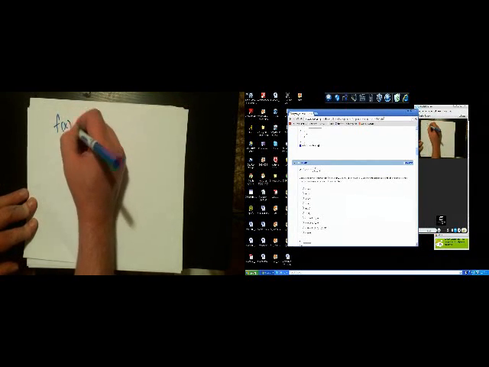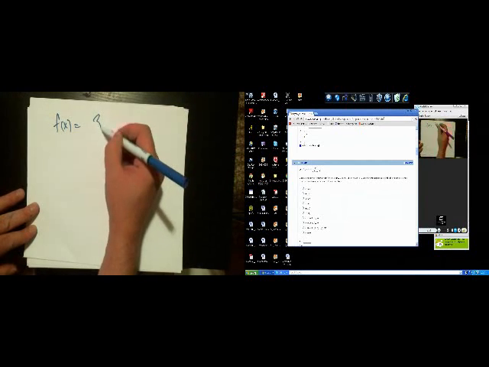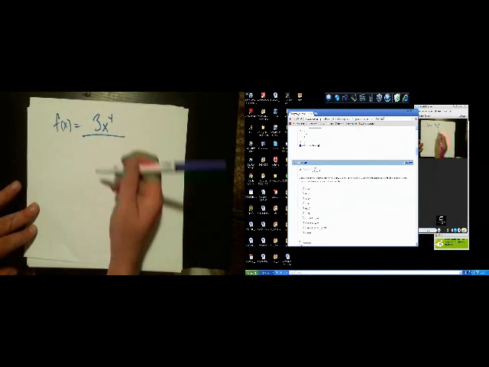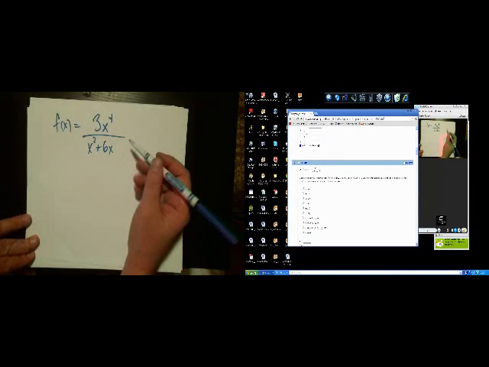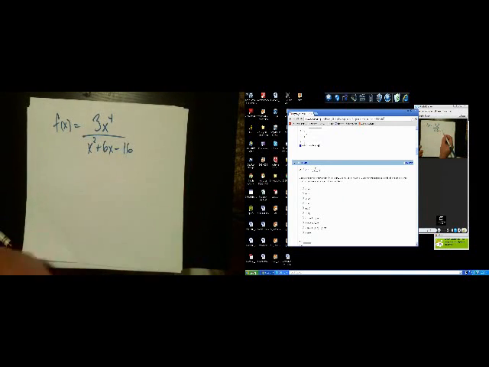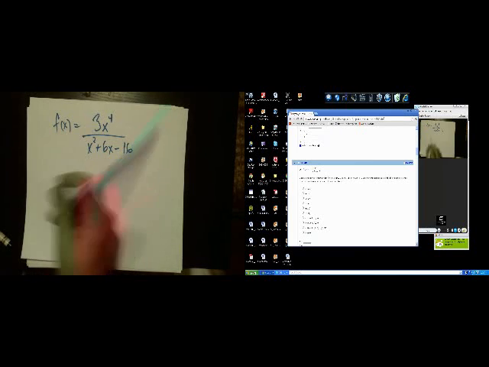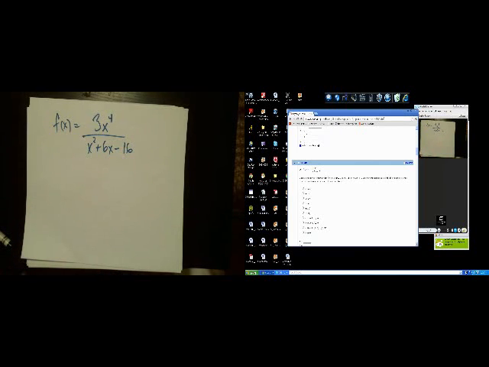we're dealing with 3x to the 4 over x squared plus 6x minus 16. So it wouldn't be true if the equation in the denominator equals 0, correct? Yeah.